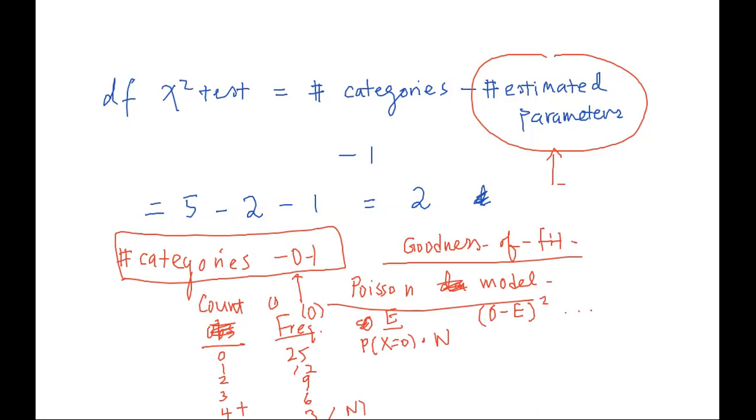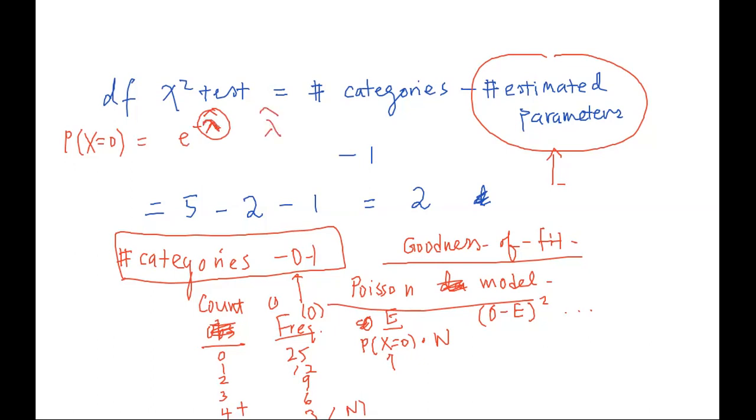So this probability is right. For example, P(X=0) here, you have to calculate it using this formula for the Poisson model, okay? Now, where do you get this parameter? This is the mean parameter in the Poisson model, right?